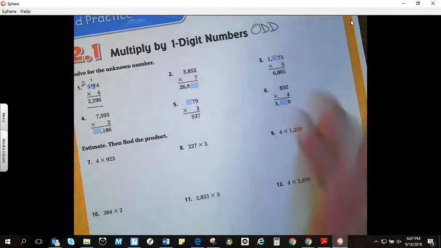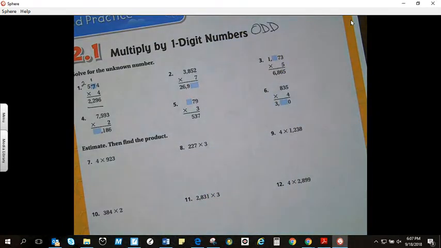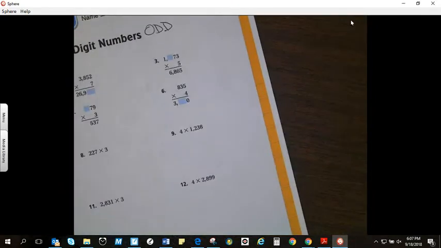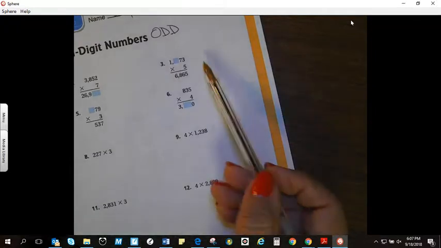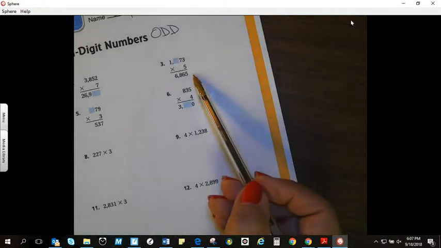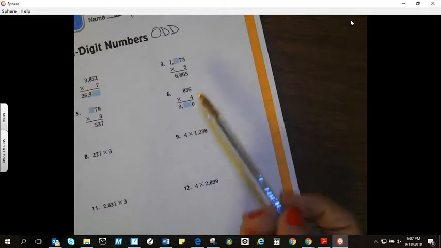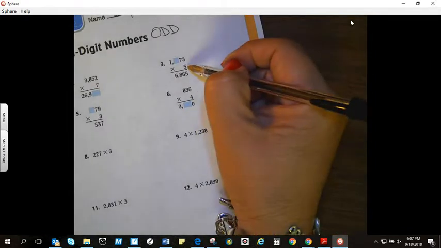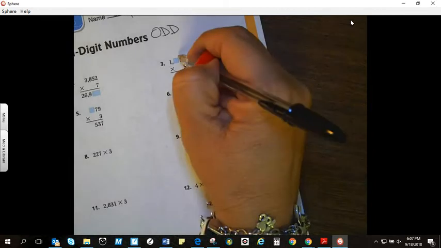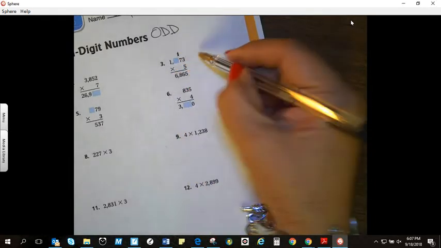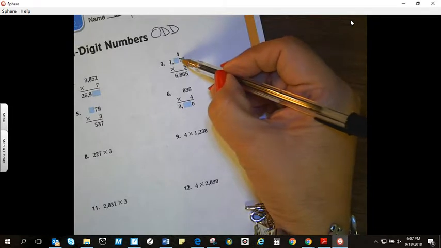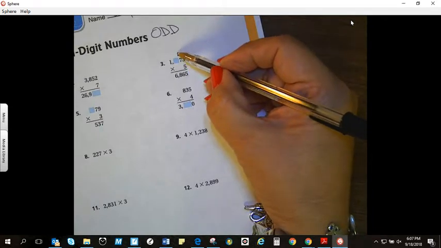All right, so let's look at this next one in number 3. Looks a little difficult, but then again, we're just finding the missing digits to see which is the factor that's multiplied by the other factor to give us our product. So if I know that 5 times 3 is 15, I'm going to regroup and carry my 1 here into my tens place. 5 times 7 is 35, plus 1 is 36.